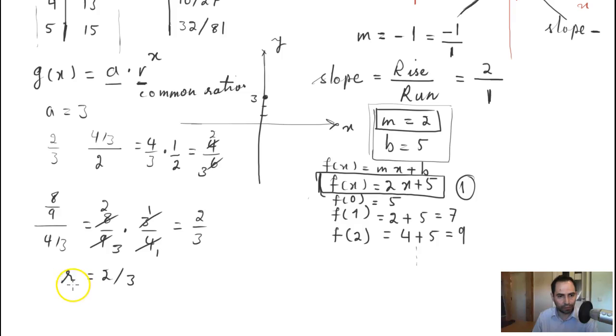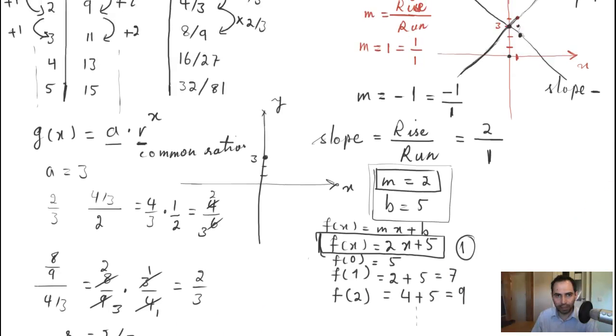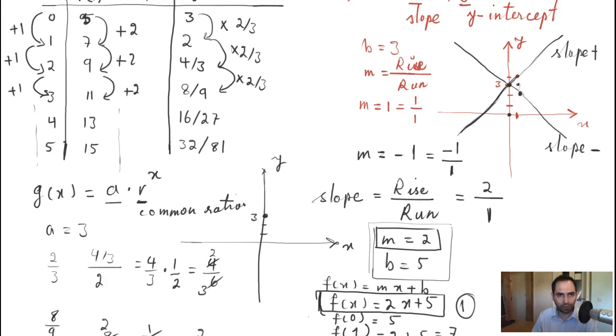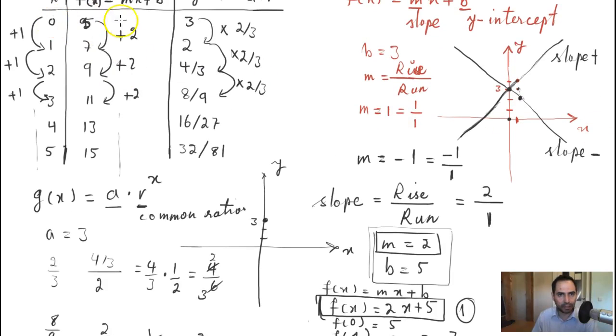And your A here, which is where the function goes through the y-axis at x is equal to 0, is basically 3, because at x is equal to 0, your output is equal to 3.